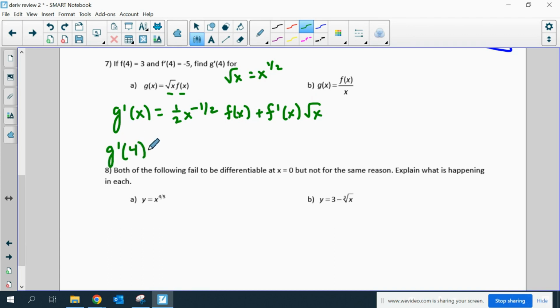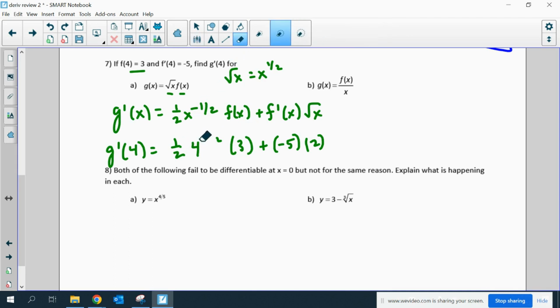Now I'm just going to make some substitutions. So g prime of 4 equals 1/2 times 4 to the negative 1/2 times f of 4, which we know is 3, plus f prime of 4, which we know is -5, times the square root of 4, which we know is 2. So I'm going to simplify 4 to the negative 1/2, so that's just 1/2.